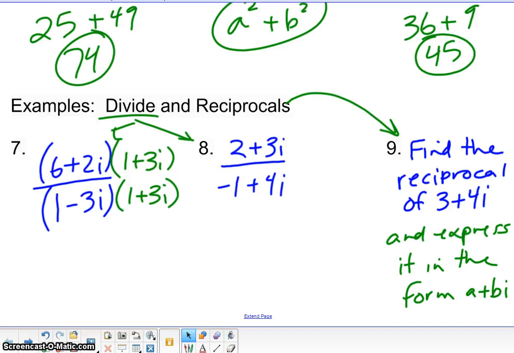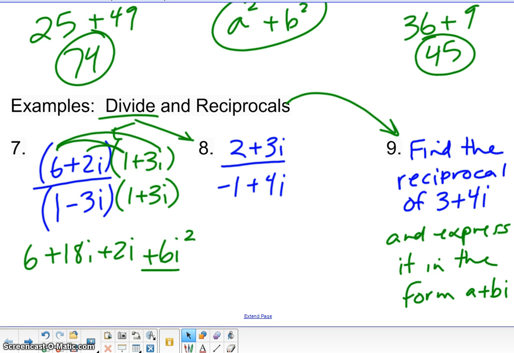So we have to FOIL the top, which is 6. Outside is plus 18i. Inside is 2i plus 6i squared. All over first, outside, insides, again this is the conjugate, so outside, insides are going to cancel, leaving me with 9i squared.